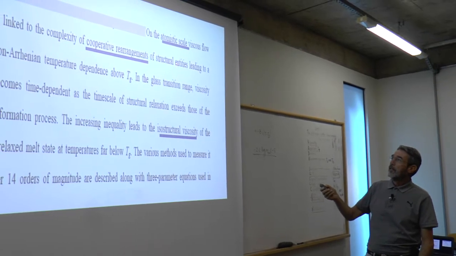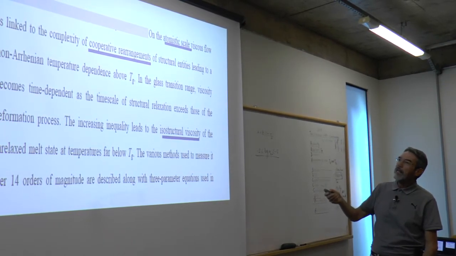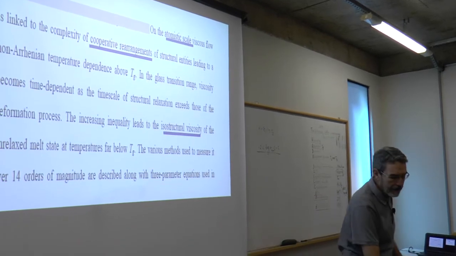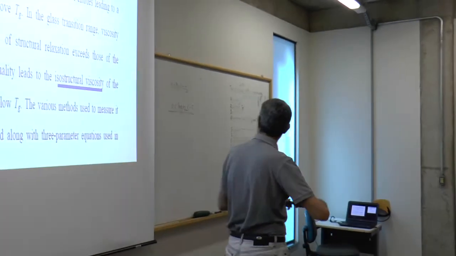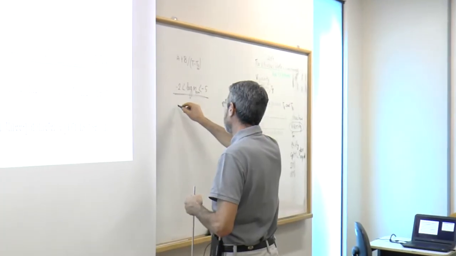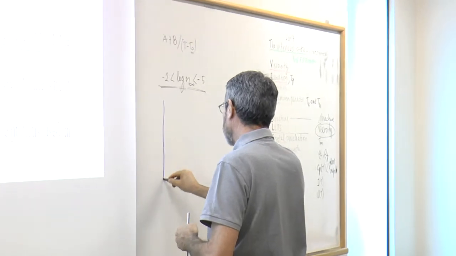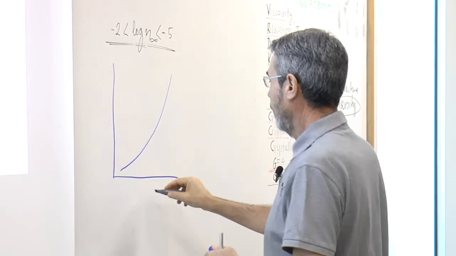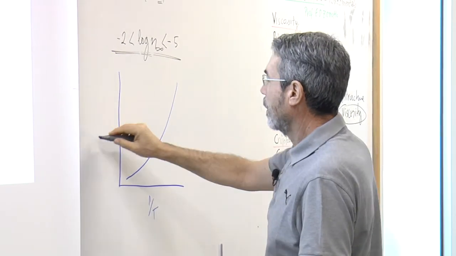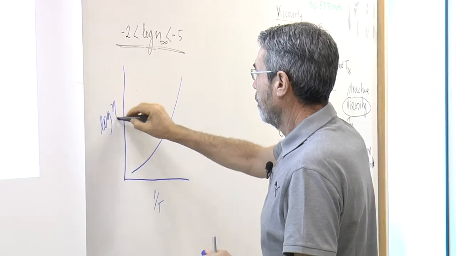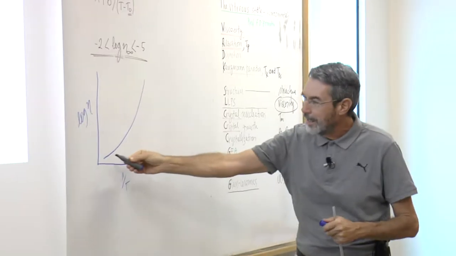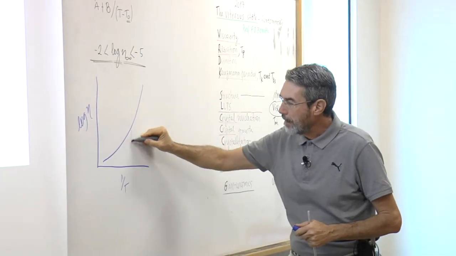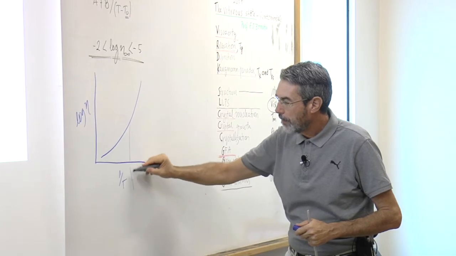And this leads to a non-Arrhenian temperature dependence above Tg. By non-Arrhenian, I mean curved. That's why the viscosity plots are curved. If you plot log viscosity versus 1 over T, they're curved. They're non-Arrhenian.